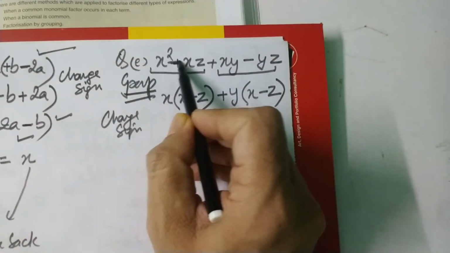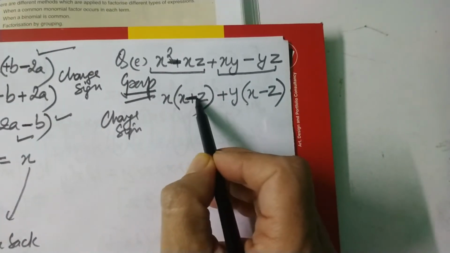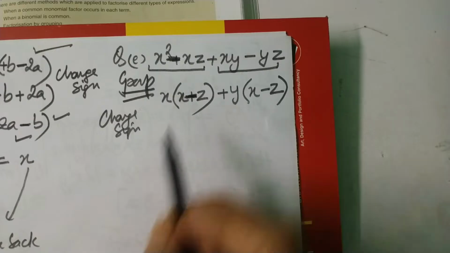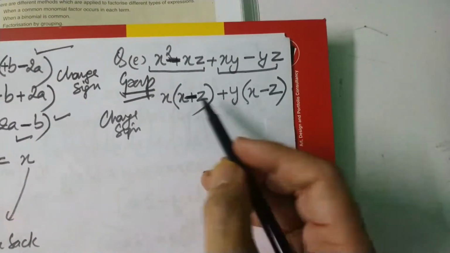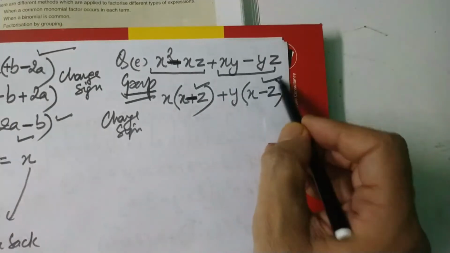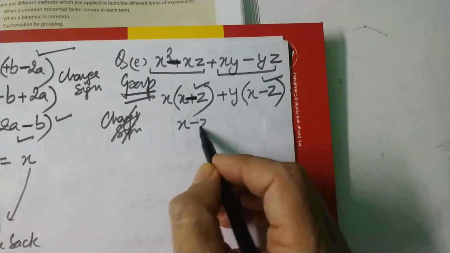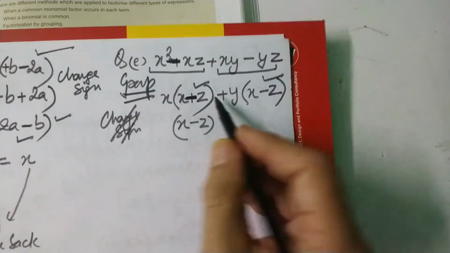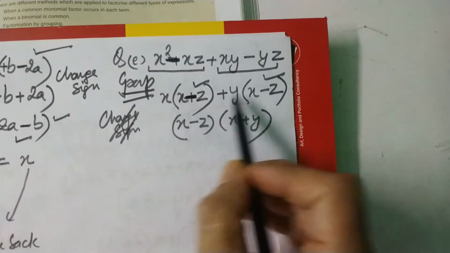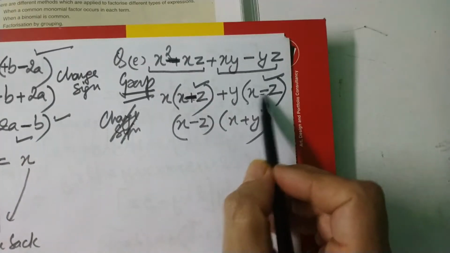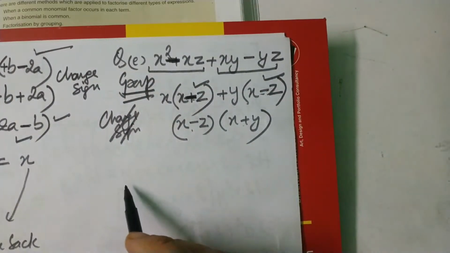There is minus here, so this will become minus. This was copied wrong. So minus xz, this will be minus here. Now this bracket and this bracket are same. So x minus z is common and x plus y is common. So x minus z are same, so you will write 1 and x plus y is your second factor.